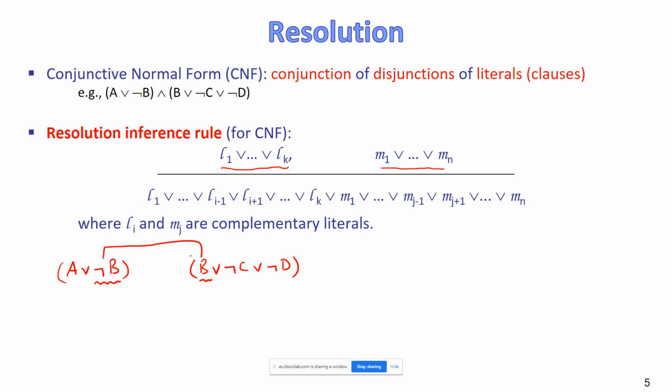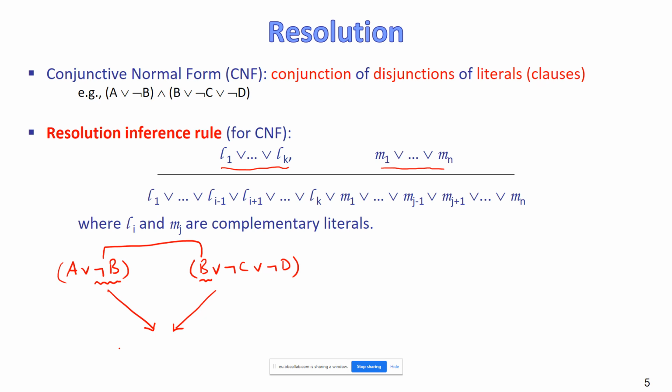So that's the first step, to identify one literal in the first clause that is negated in the other clause. Once we do that, then we can infer from these two clauses a new clause that will combine all of the rest of the literals in both clauses.